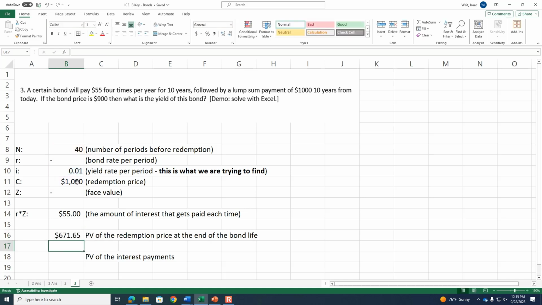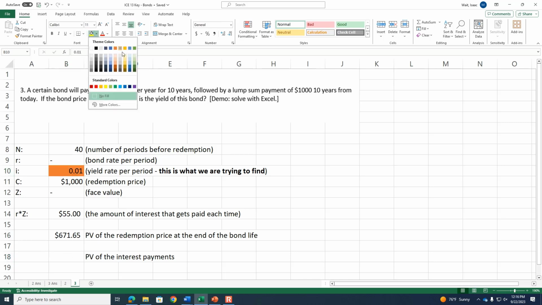Okay, so if it is 1% yield, then that $1,000, 40 periods in the future, has a value today of $671.65.